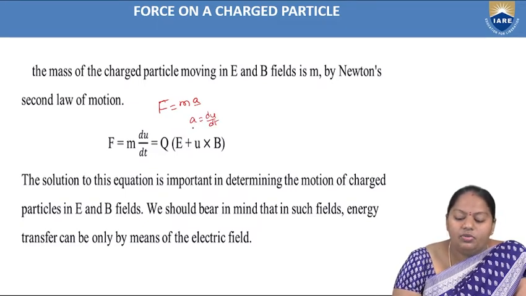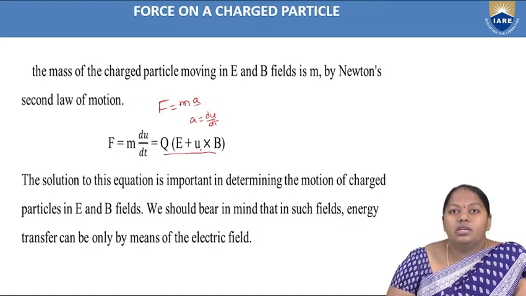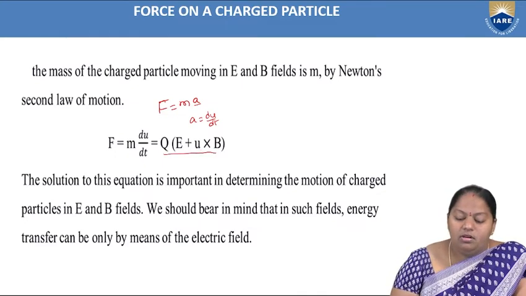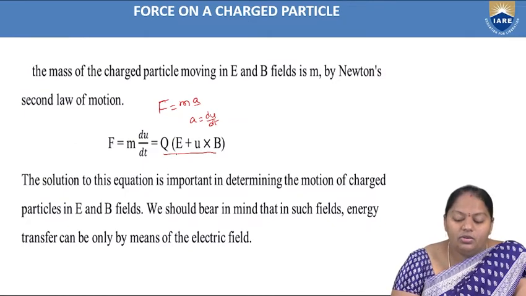Then if we substitute A by du by dt in this equation, M into du by dt is equal to the force related to electric as well as magnetic fields from the Lorentz force equation, which is given by Q into E plus U cross B.